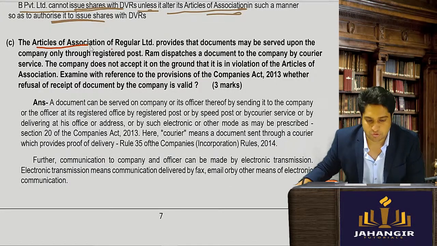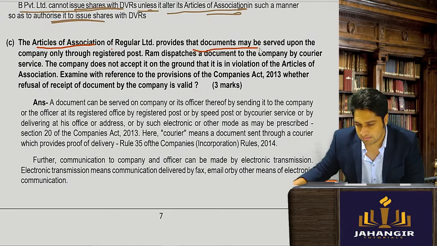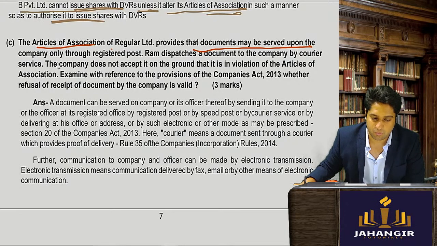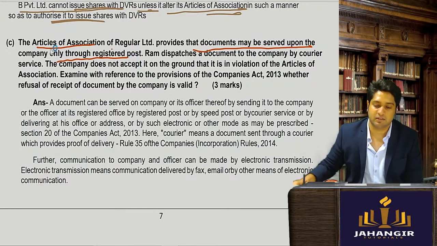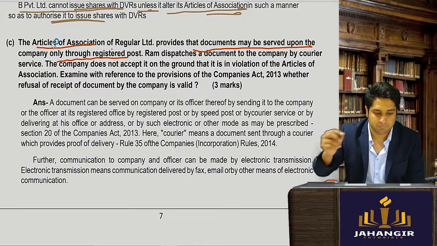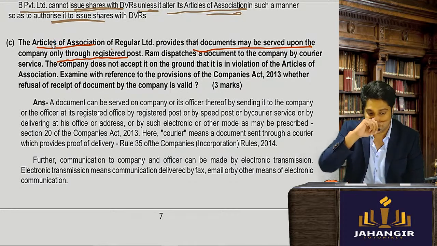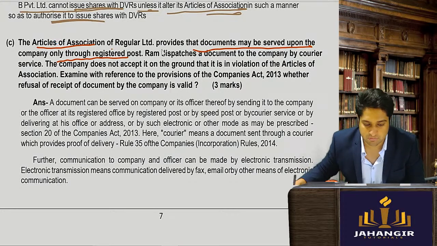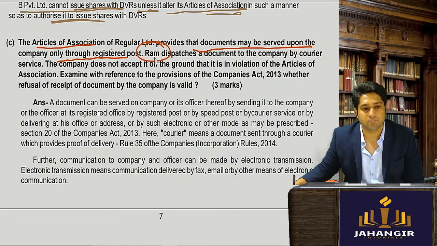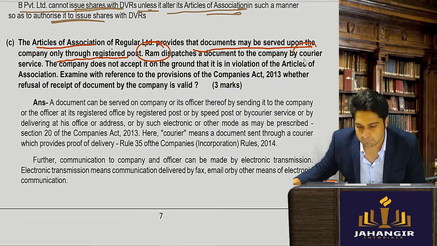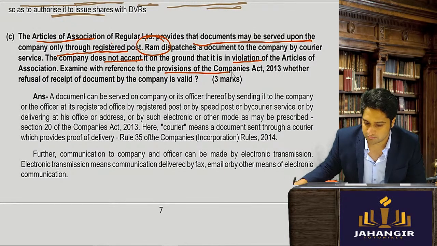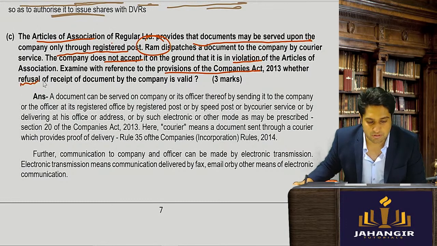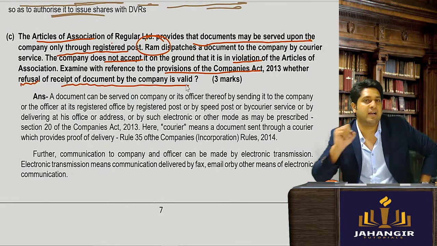The articles of association provide that the documents may be served upon the company only through registered post. Now Ram, what did he do? He dispatched it by courier. The company did not accept it, saying that it is a violation of the articles. Examine the provisions of the Companies Act whether the refusal to accept the document by the company is valid.